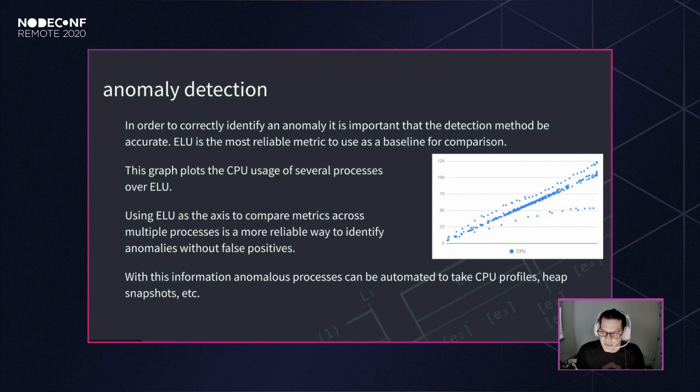As you can see on this chart on the right, the x-axis is the ELU, the y-axis is the CPU, and there's a fairly solid trend line between most processes, but then there are two that lay outside of the norm. Now this can be used manually or automatically to collect CPU profiles or heap snapshots to let us know the differences between a normal process and an anomalous process.